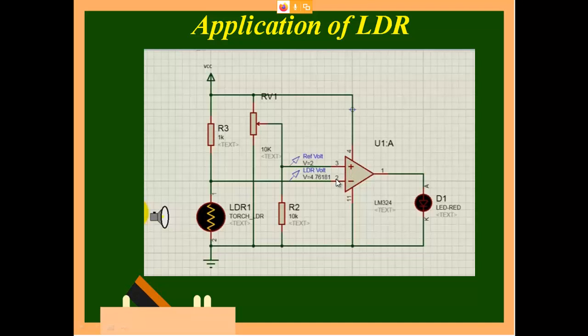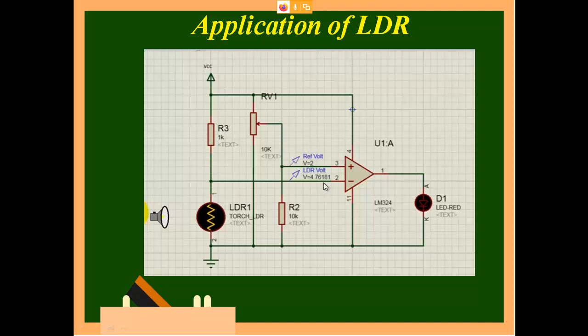If this negative terminal is greater than the positive terminal, you will not have any output from the op amp. You will have output only if the positive terminal value is less compared to this. Now I will bring my light source near to this. When you bring the light source near, the resistance falls, so some current will flow through it, and there will be a voltage drop.